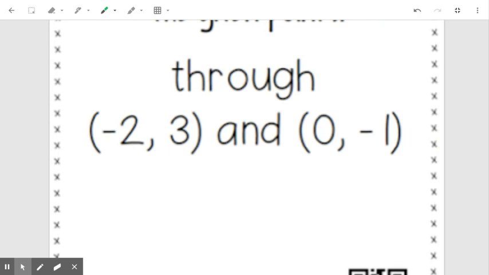To find our slope, we're going to call this point x1, y1, and this point x2, y2. The one on the left is going to be point 1, and the one on the right is going to be point 2. Now, if you remember, the slope formula is y2 minus y1 over x2 minus x1.